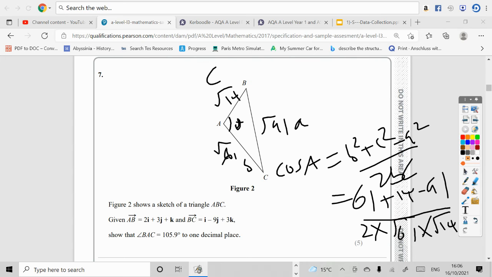Get my calculator. Casio class was FX991EX, of course. Make sure you're in degrees as well. Make sure you're in the right one.